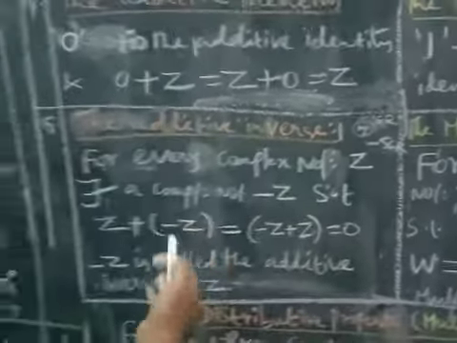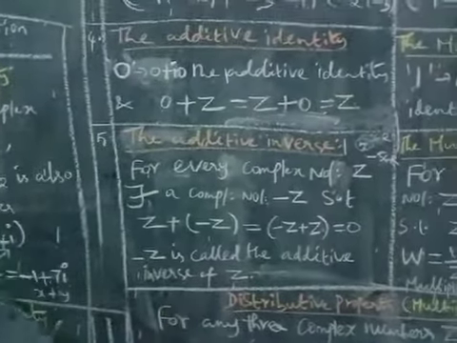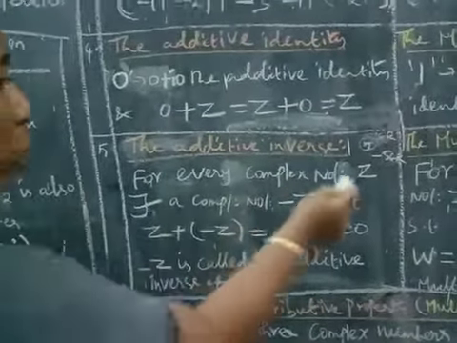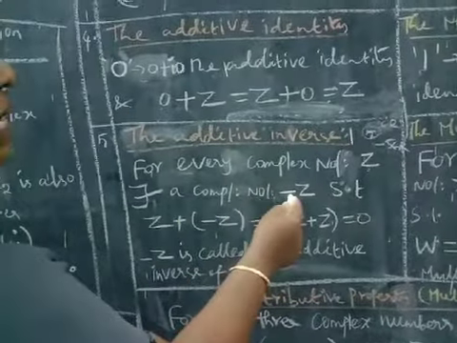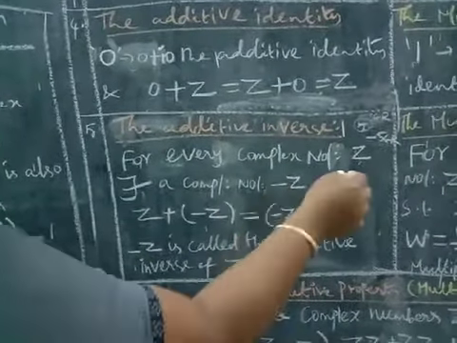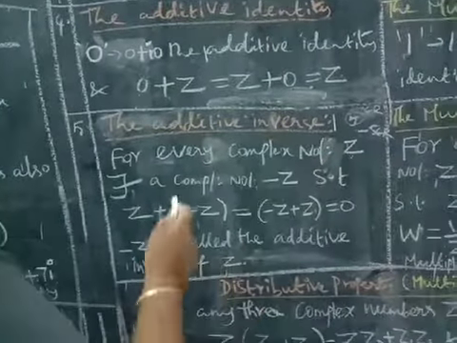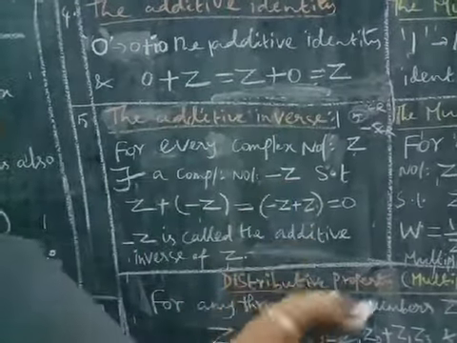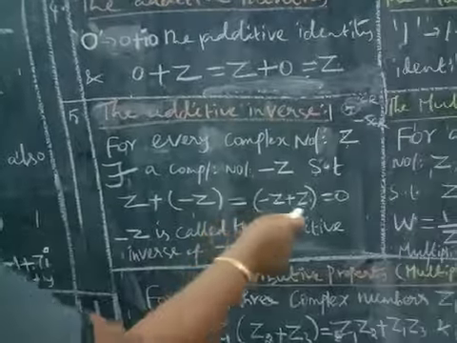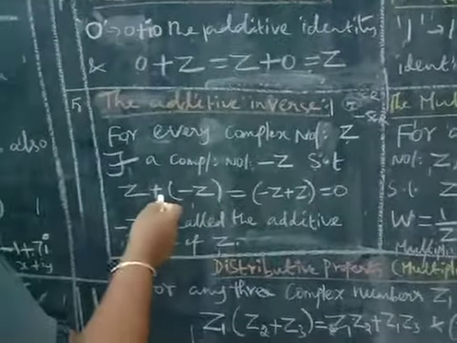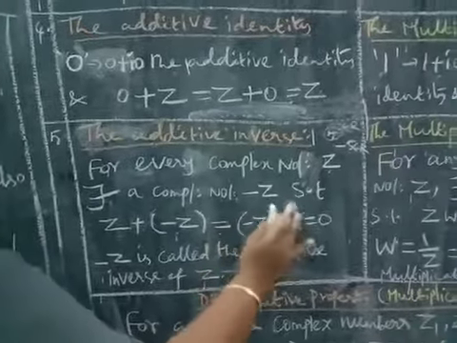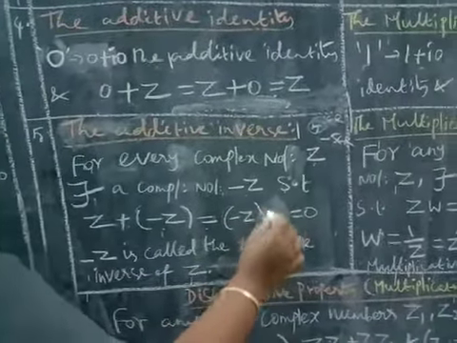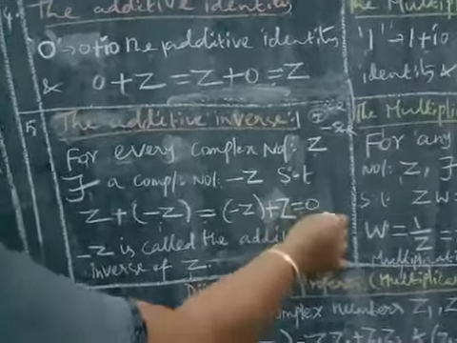Okay. Now we are going to find the additive inverse of a complex number. See, for every complex number Z, there exists a complex number minus Z such that it satisfies the condition Z plus the inverse, minus Z, equal to minus Z plus Z is equal to 0.